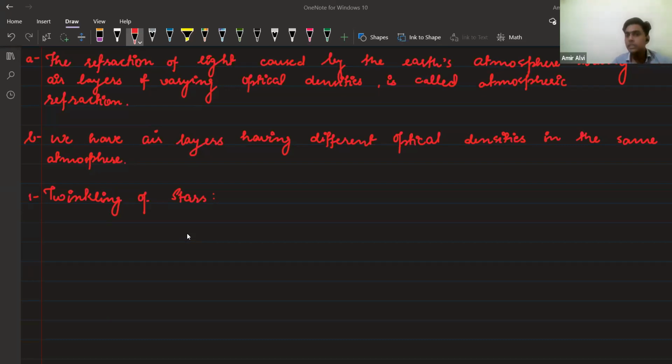So we see the stars twinkling due to the increase and decrease of the amount of light refracting towards the eye. The sudden change in the amount of refraction causes the twinkling effect. Everyone clear? So that is the reason behind the twinkling of a star, and obviously this lies under atmospheric refraction.